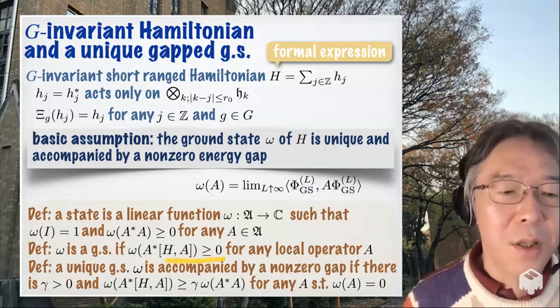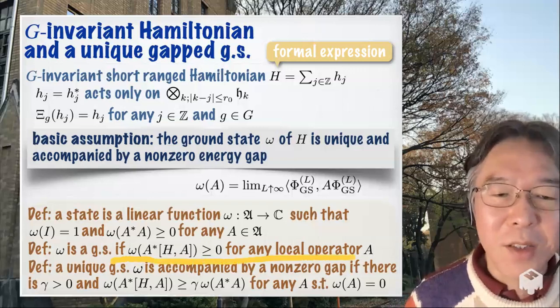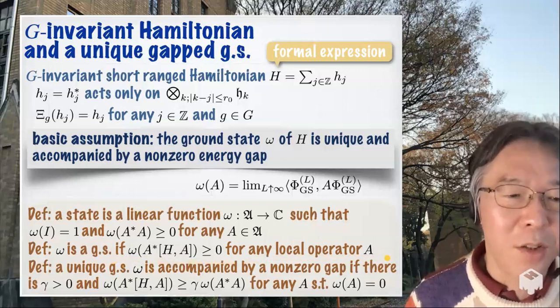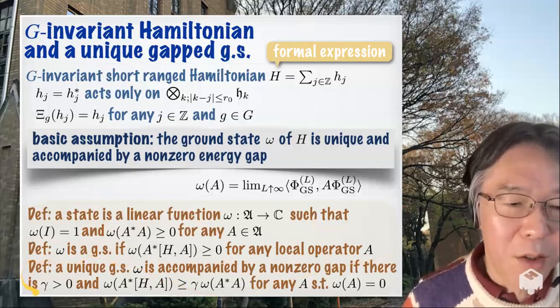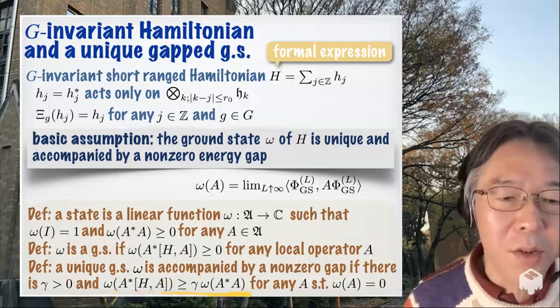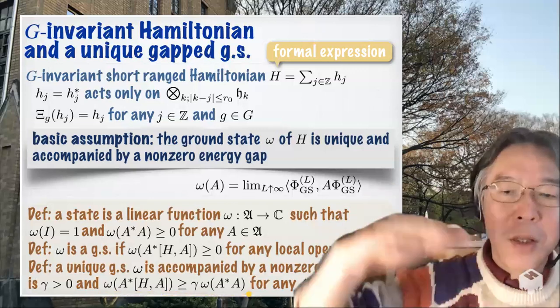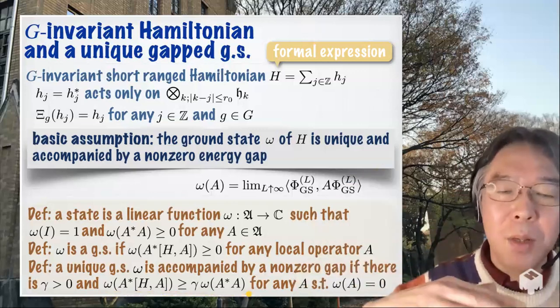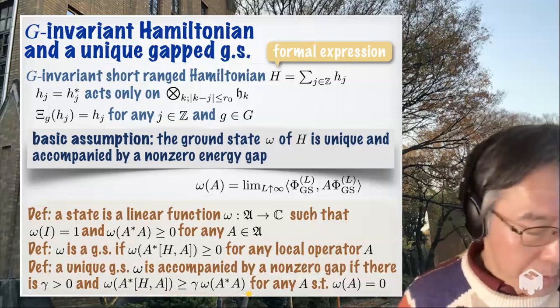I guarantee you that in a finite system, this is the standard definition of the ground state. And similarly, this looks more weird, but you can now guess. This seemingly weird condition tells you that the unique ground state has a gap above it, a gap above the ground state energy. Okay, so these are the definitions.